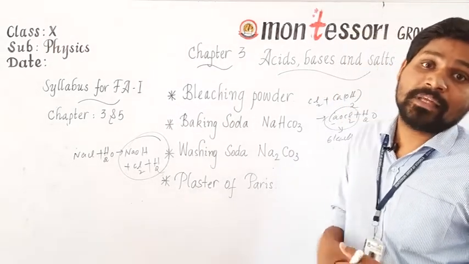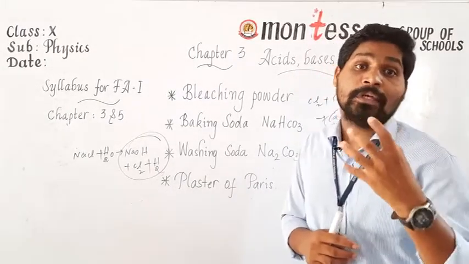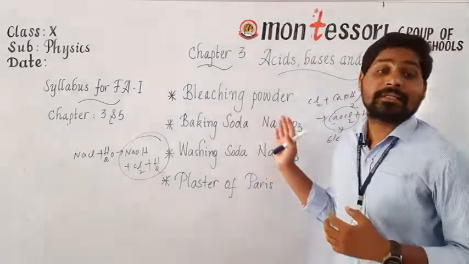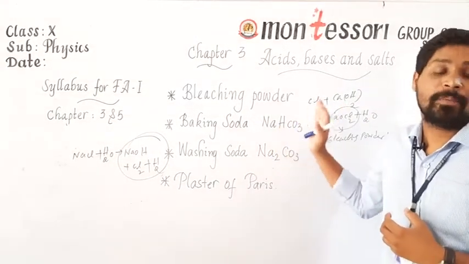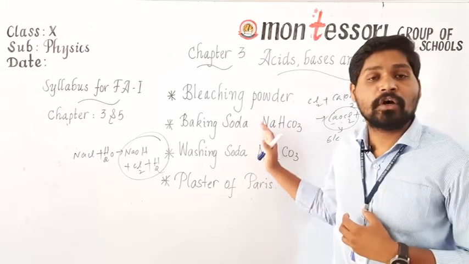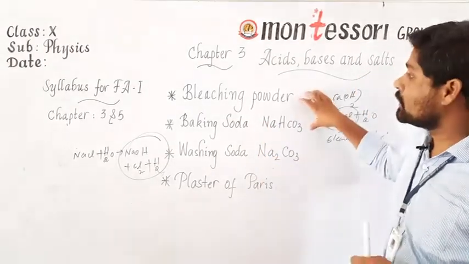Clear? The next one is, I think all of you know very well about chloroform. In that chloroform, bleaching powder acts as a reagent, so it is used as a reagent in the preparation of chloroform. This is about bleaching powder.